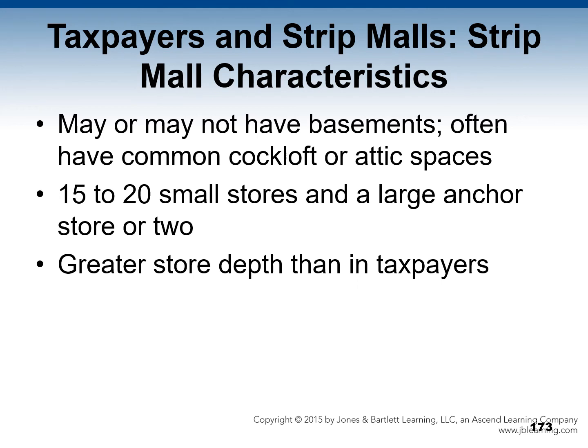Strip malls are usually larger than the taxpayers and may have as many as 15 to 20 small stores and a large anchor store or 2. Strip malls usually have a greater store depth than taxpayers, and strip mall anchor stores, such as supermarkets, may be more than 150 feet deep, quite large, and they most often have a common cockloft or attic space.